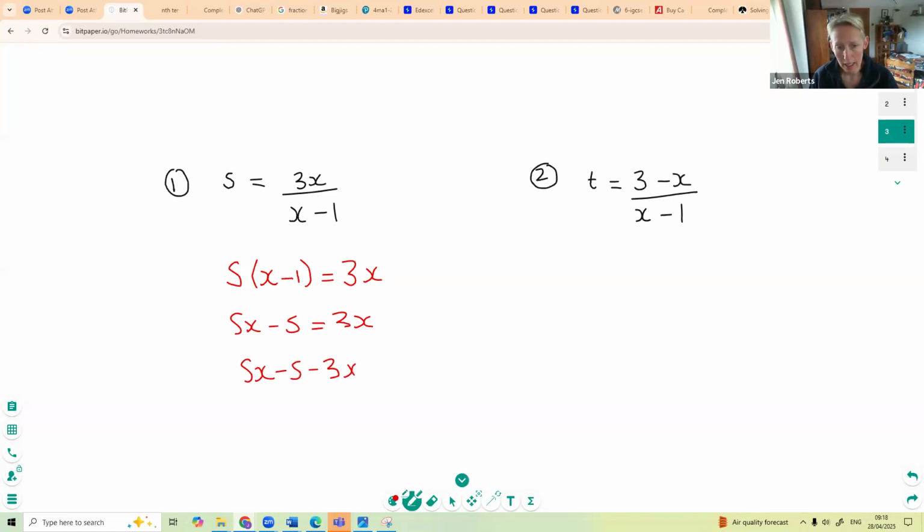And I'm going to add an s to both sides. I'm going to factorize to isolate my x. And then I'm going to divide both sides by s minus 3.